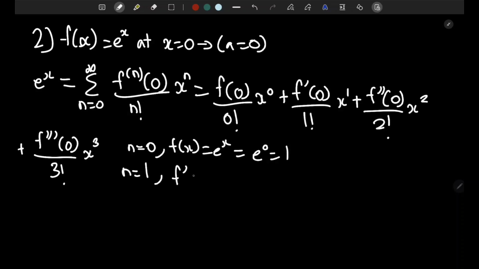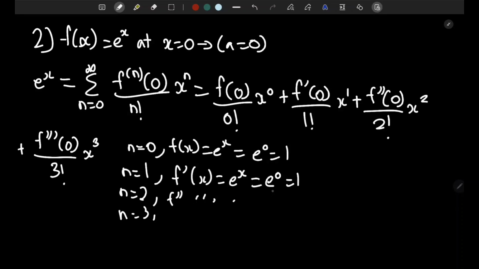That is going to be e to the power of x again, because it stays the same. So you need to also know your common derivatives, the basic ones. So if you notice here, as we increase to 2 and 3, the function is going to stay the same. f double prime is going to be the same, e to the power of 0 again, and it's going to be equal to 1 even for this one.